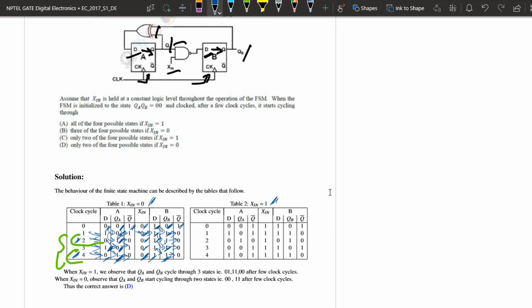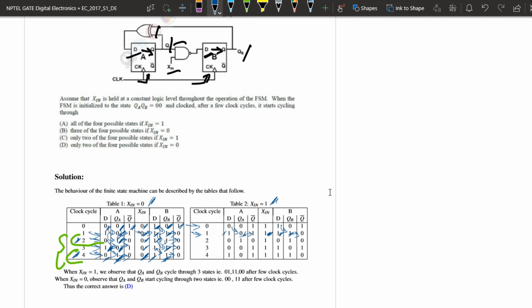The initial state is the same as previous, and now in clock cycle 1, QA gets the previous clock cycle's D, that is 0, Q bar A is the complement, that is 1, Xn is always held at 1, and DB is Xn NAND operated with QA, that is 1 NAND 0, which is 1, and QB gets the previous cycle's D, that is 1, and the complement goes to Q bar B, that is 0.